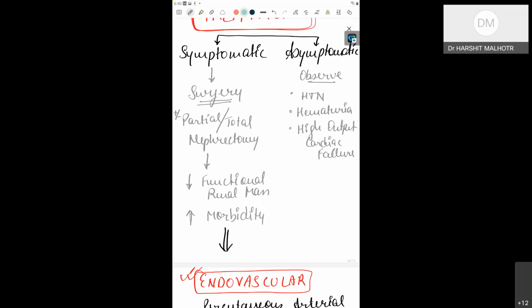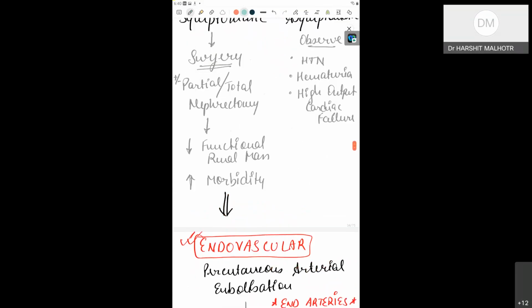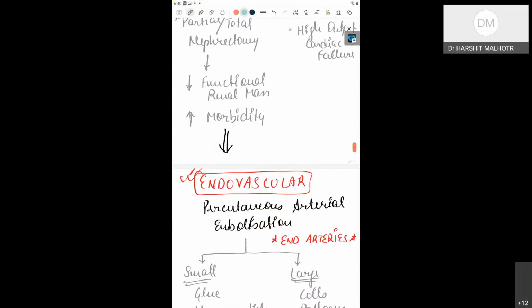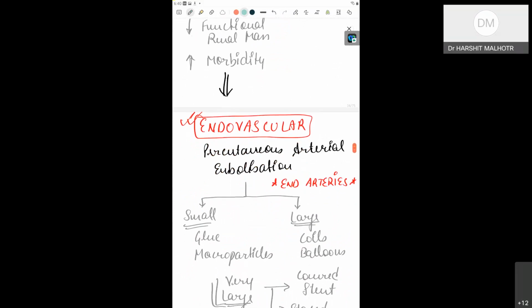That is why the treatment of choice for a symptomatic AV malformation right now is endovascular, in which we can do a percutaneous arterial embolization because they are end arteries. Whenever we do an arterial embolization, the major problem is that the embolic material can go into the veins, then into the lungs or the systemic circulation, and cause non-targeted embolization.